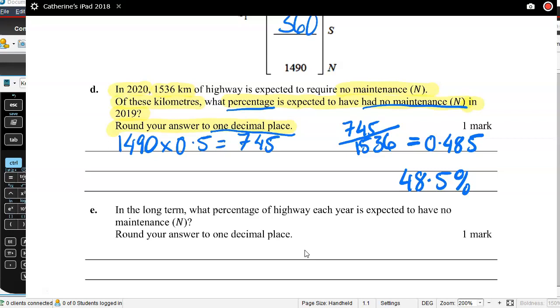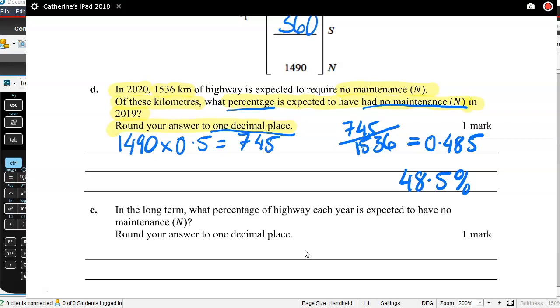So 17% of the state got 1 mark here. 83% of the state got 0. This question was not answered well, with most students giving 97%, which did not take account of the 0.5 change.